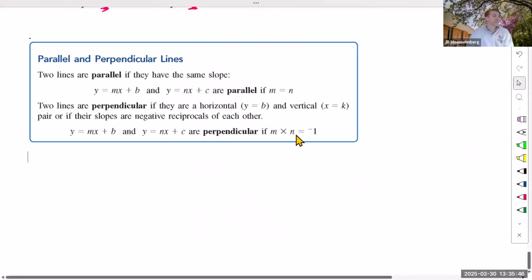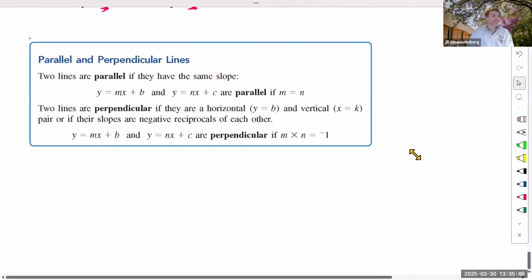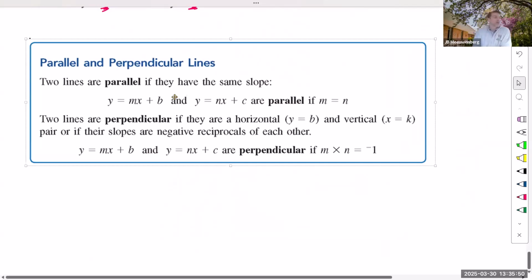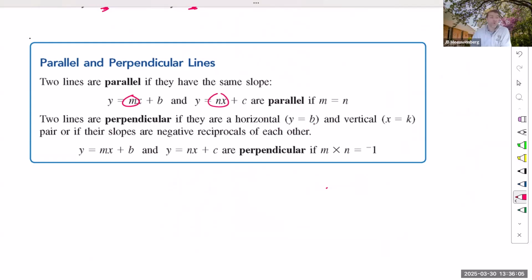And so just to put this in a nice, neat format for you, two lines are parallel if they have the same slope. Again, y equals mx plus b and y equals nx plus c are parallel if m is equal to n. All that has to be equal are those slopes. Two lines are perpendicular if they are horizontal and vertical.